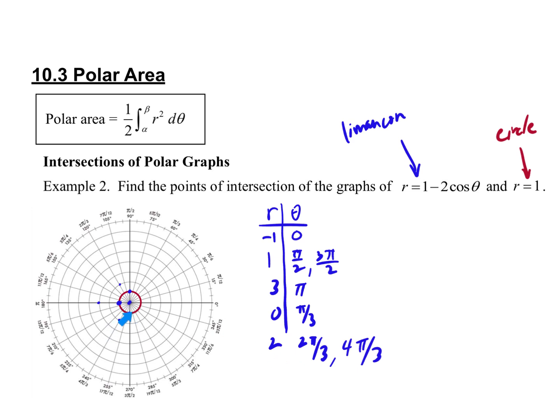Okay. So again, we're starting to see the shape of it a little bit, but this point here makes me think we're going to have a loop, which means I really want to look at something in here to see what's going on with it, or maybe even something in here.